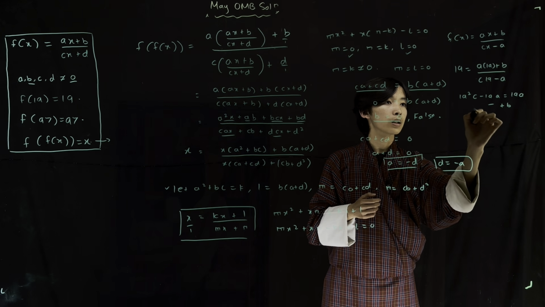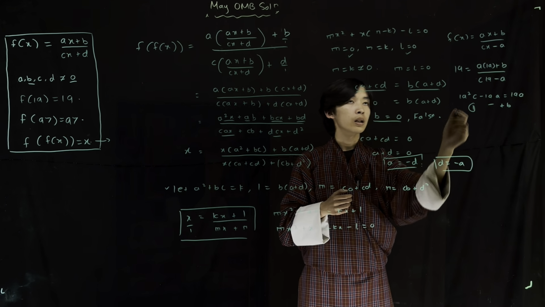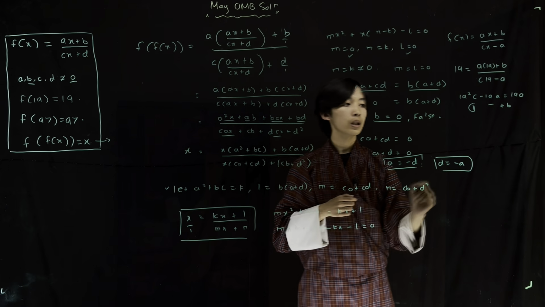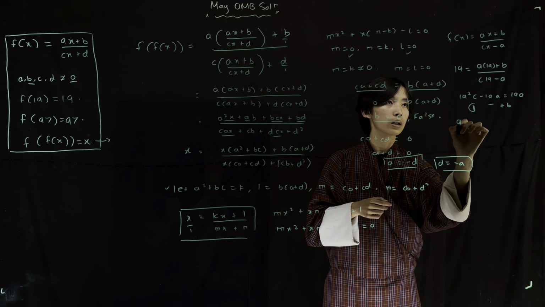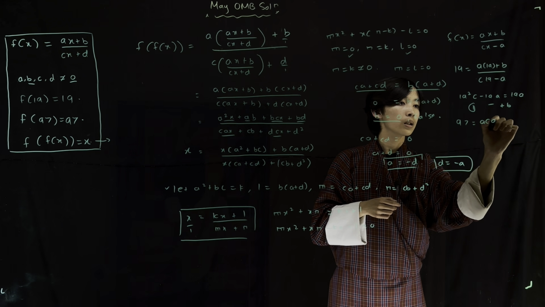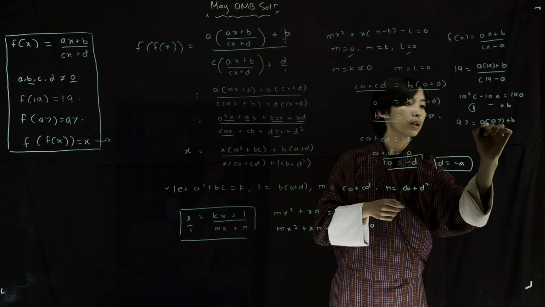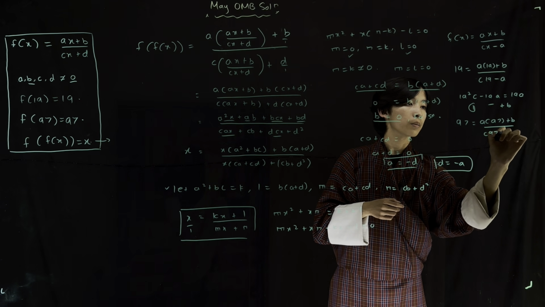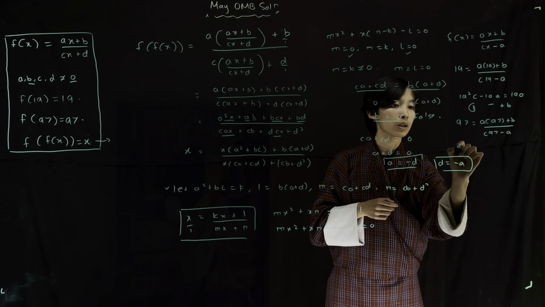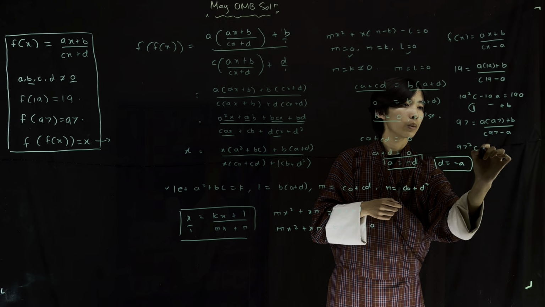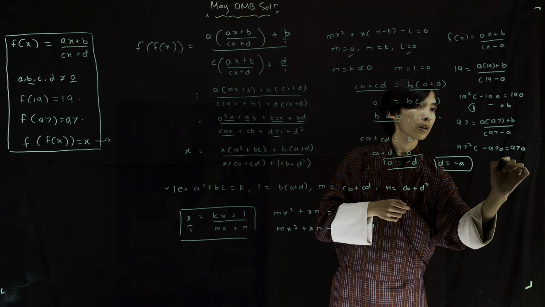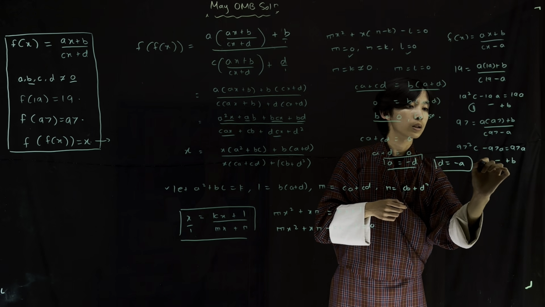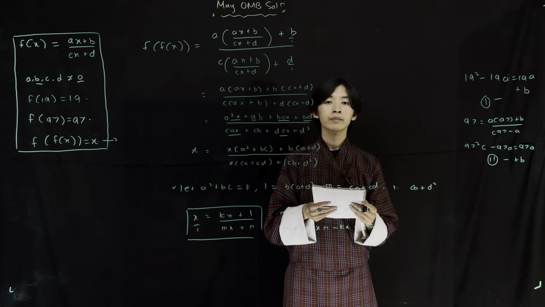And we can consider this equation 1. And as for equation 2, we can take f of 97 is equal to 97. So 97 is equal to a times 97 plus b, over c times 97 minus a. So if you just substitute, we'll get 97 square c minus 97a is equal to 97a plus b. So we can consider this as our equation 2.